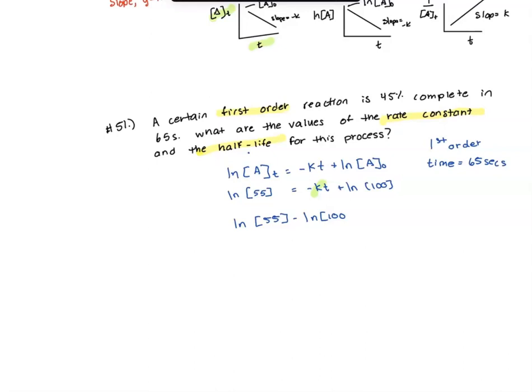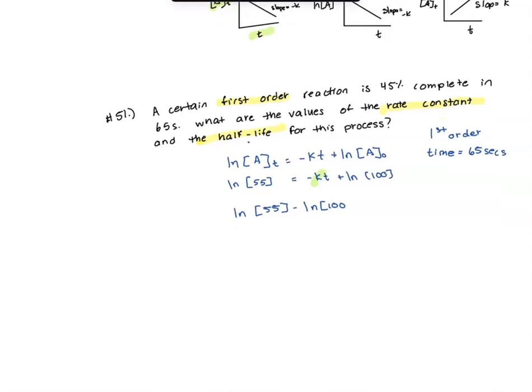But according to the rules of logs, again, the way that we handle this is we want to take our natural log of concentration over our natural log of initial.